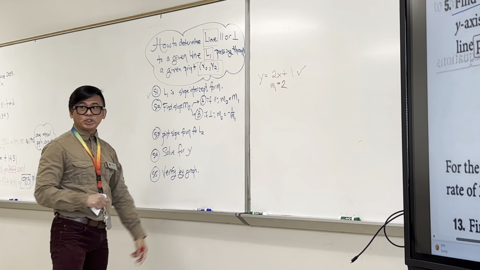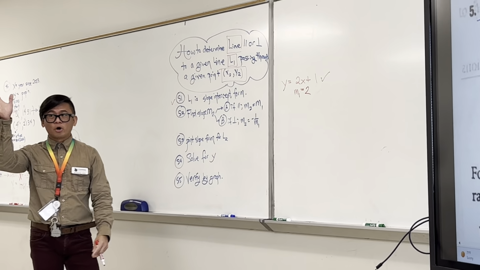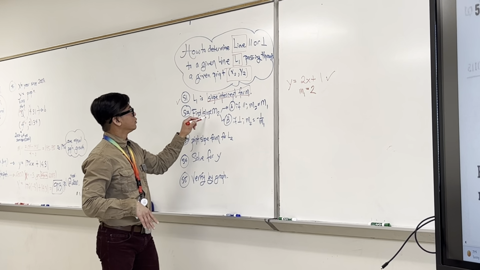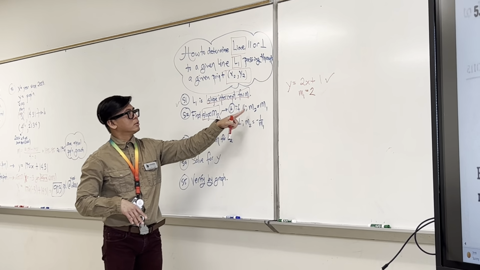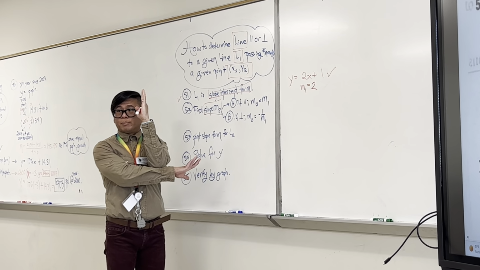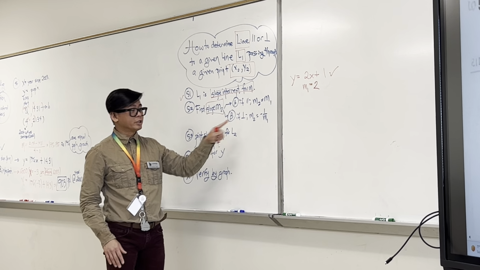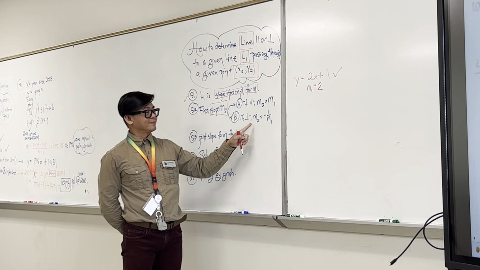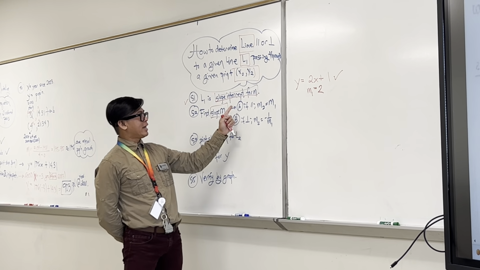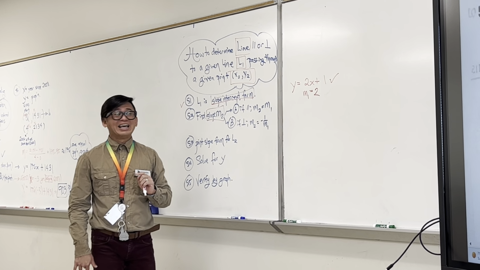Let's read step number 2. Find slope M2. A, if parallel, M2 equals M1. B, if perpendicular, M2 equals negative 1 over M1. So is it case A or case B? A. Very good.